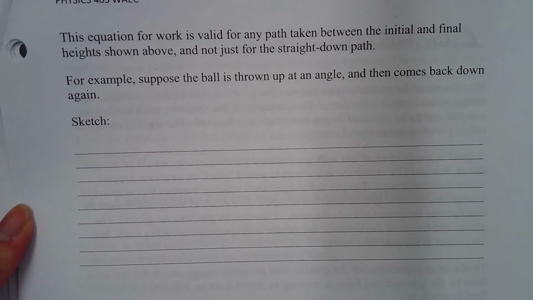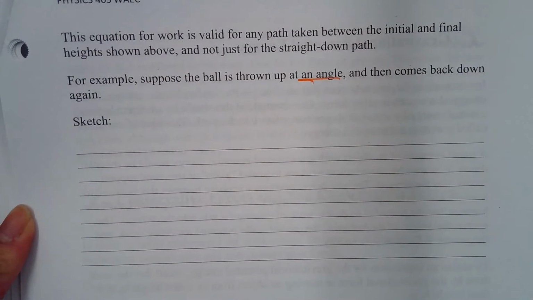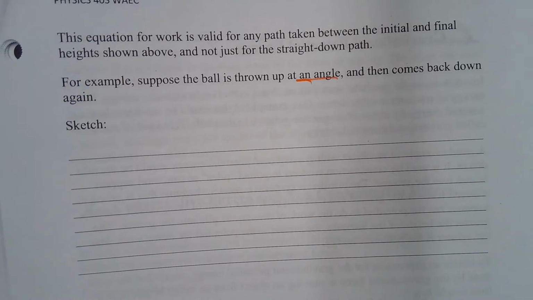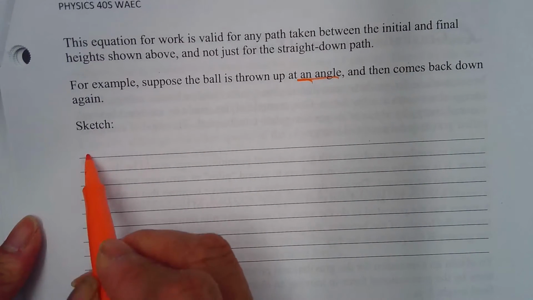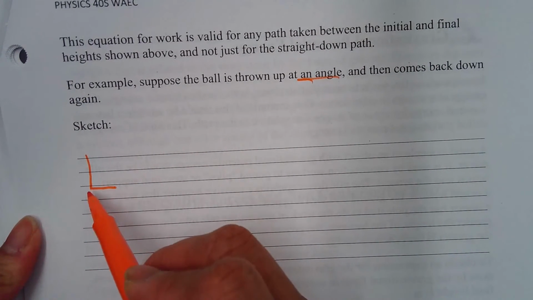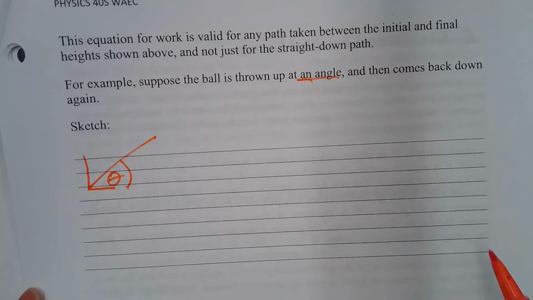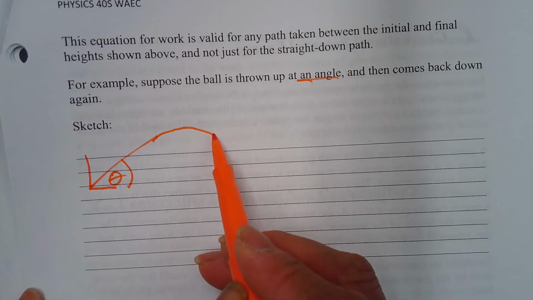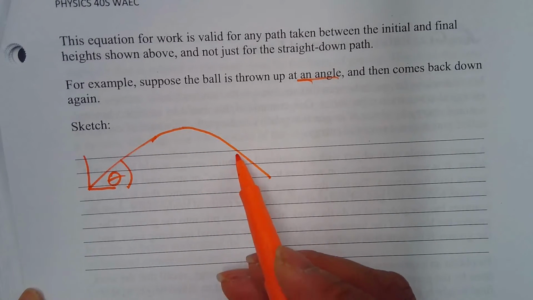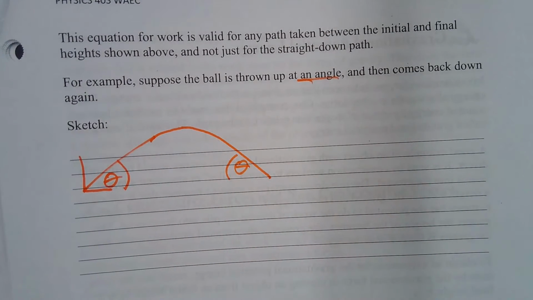So you throw this object at an angle and then it's back down again. So what unit was that? It's thrown up at some angle, reaches maximum height, and then it goes back down. Projectile motion, right?